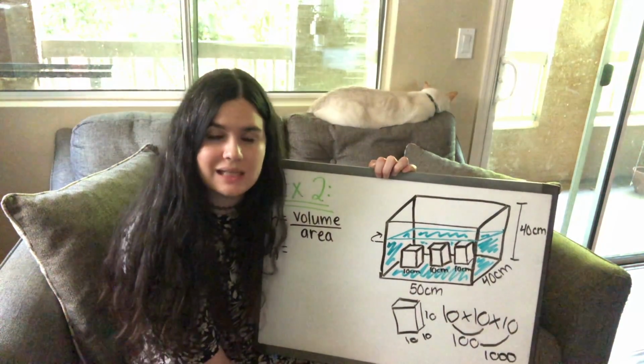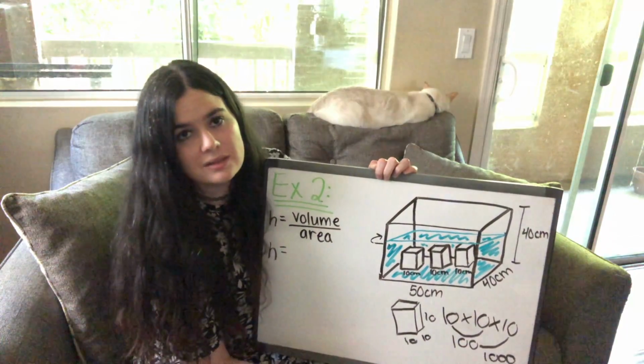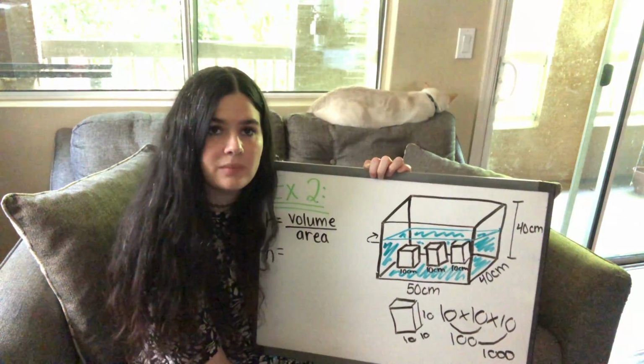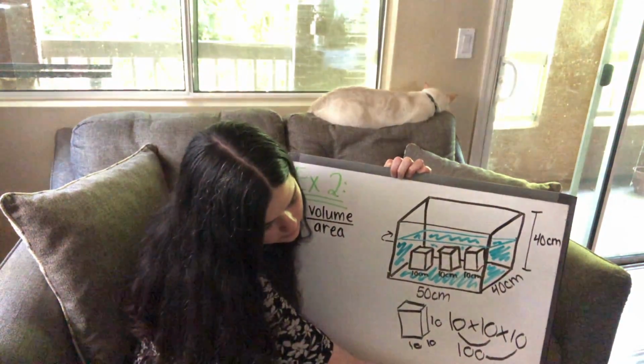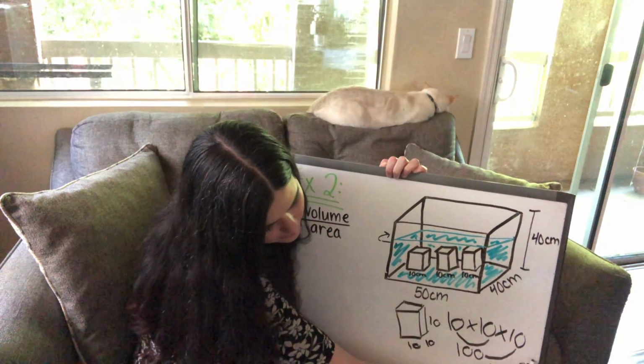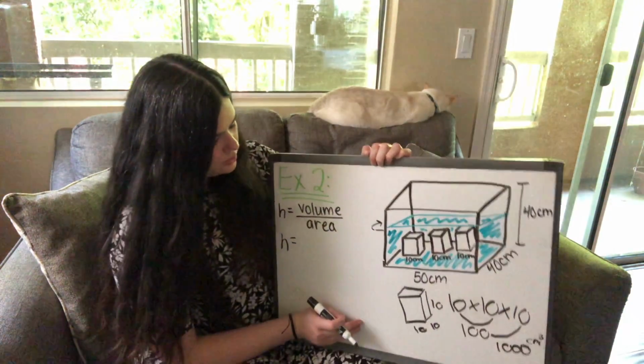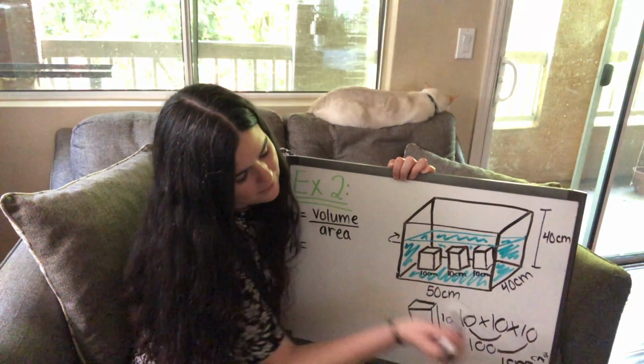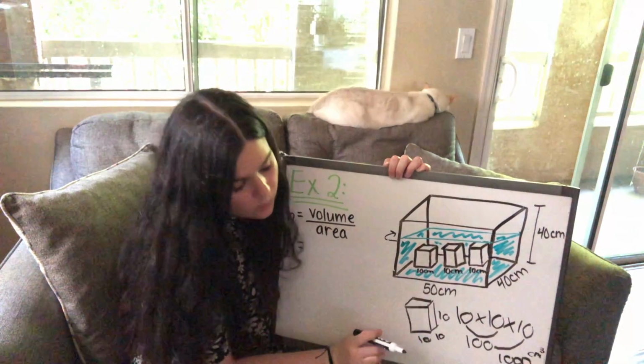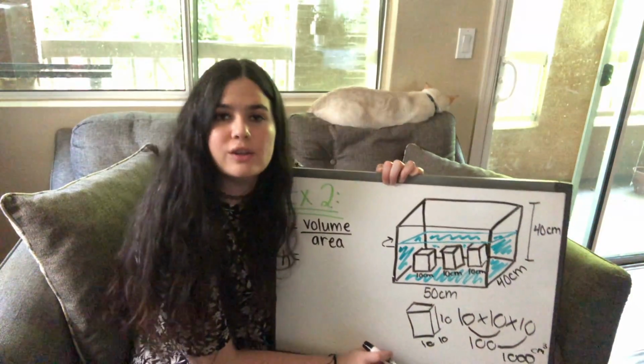And we know our unit is centimeters times centimeters times centimeters, which is centimeters cubed. So I'm going to add that right over there just so we don't forget. So the volume of each of our cubes is 1,000 centimeters cubed.